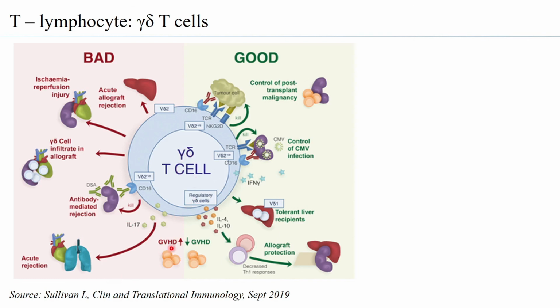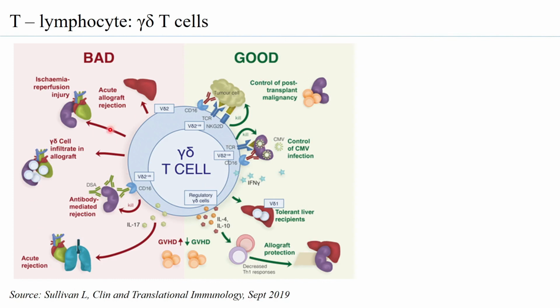Now, this image is basically talking about how the gamma delta T cell has a role in graft versus host rejection. So they're talking about the gamma delta T cells responsible for graft rejection, and those which are able to help the body actually accept the foreign graft that is there.